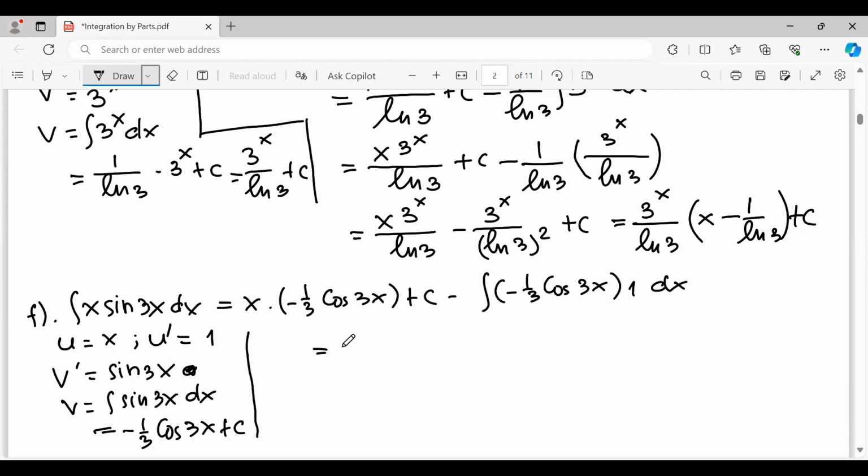It is minus 1/3 x cosine 3x plus 1/3 integral cosine 3x dx.